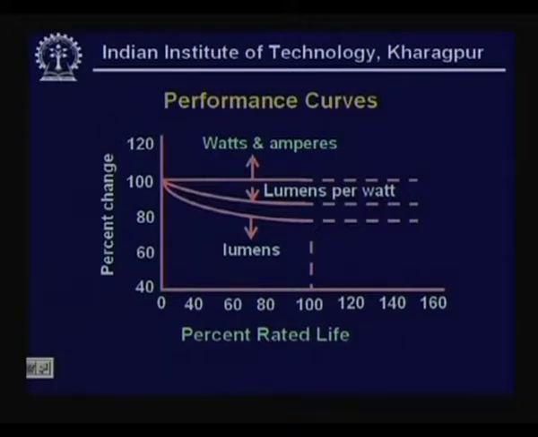Then the next thing which we find is the light flux and lumens per watt. You can see very clearly the lumens per watt, around 80% of the rated life itself comes down to about 90% of the initial virgin value, and around 100% life it stabilizes around 85 to 90%, so the change is very little.